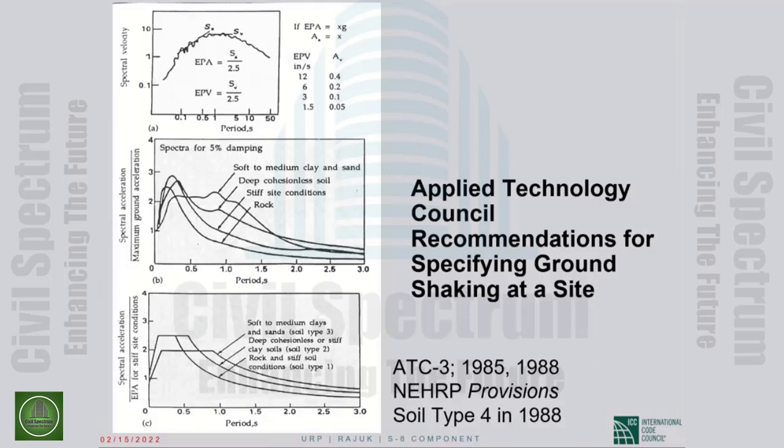I mentioned on another occasion that right now we are drowning in strong motion records. Anytime the earth shakes at any corner of the globe, we get all kinds of records from all kinds of sources. But back when Professor Seed did this work, there were roughly 30 strong motion accelerograms on rock, roughly 30 on what he calls stiff site conditions, not quite rock, another 30 or so on deep cohesionless soil, and just about 15 on soft to medium clay and sand.